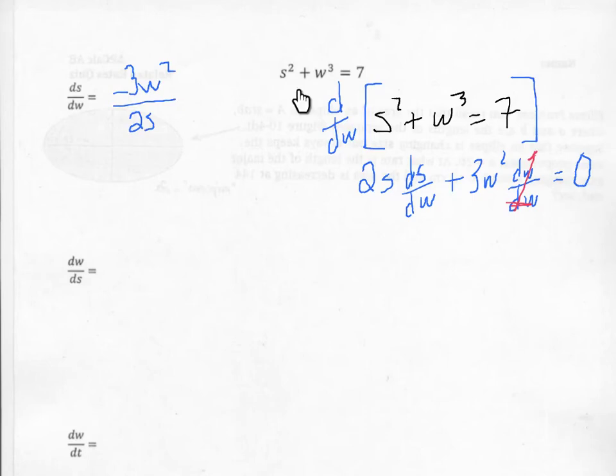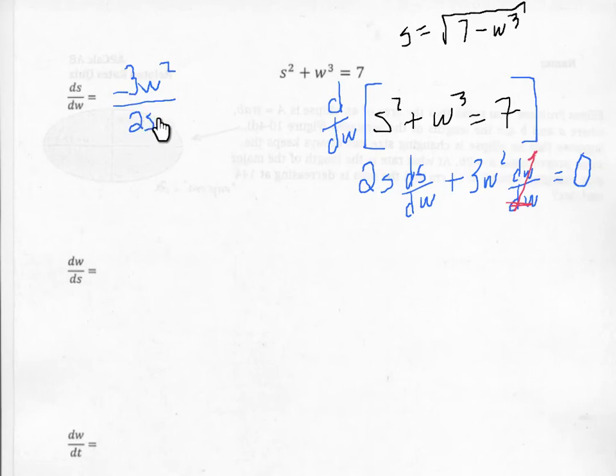So there would be this step where they would say that s is equal to the square root of 7 minus w cubed, and then take the derivative of this with respect to w, so ds/dw, which would be doing explicit differentiation of that, and you'd have to think about this as 7 minus w cubed raised to the 1/2 power, and you do the power rule, and you can end up with a version of this where the s is written in terms of w.